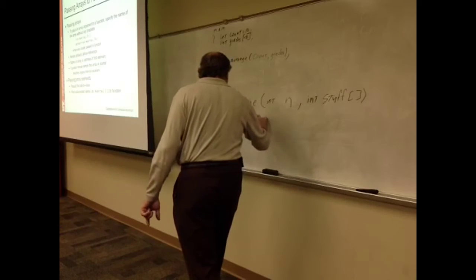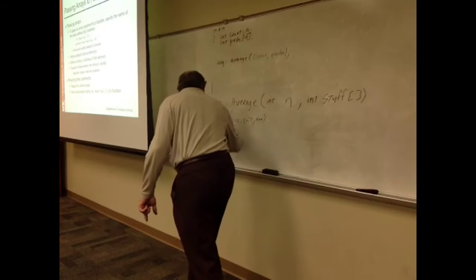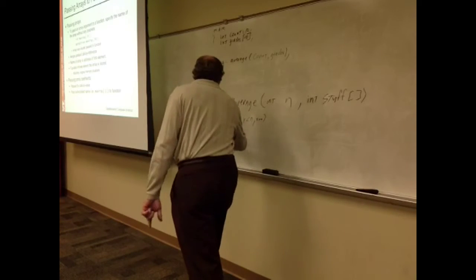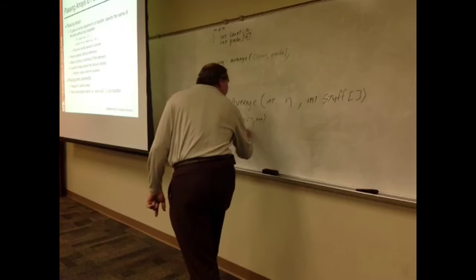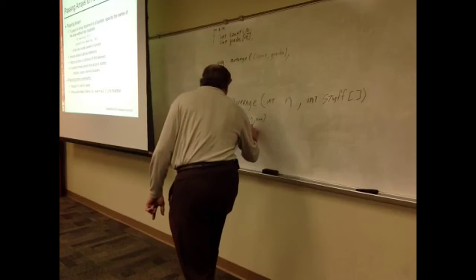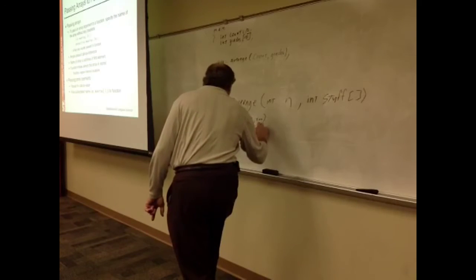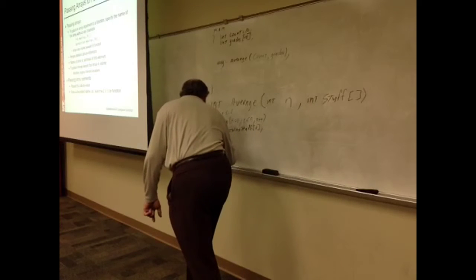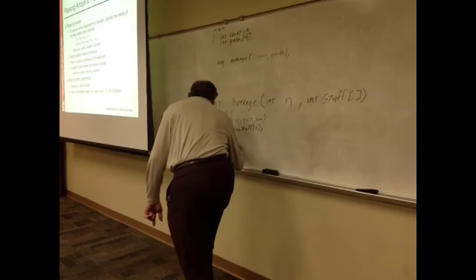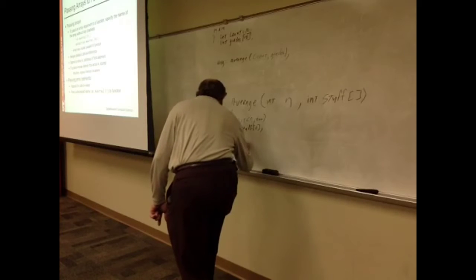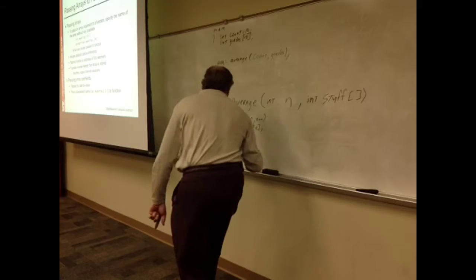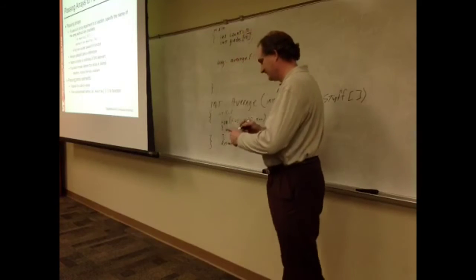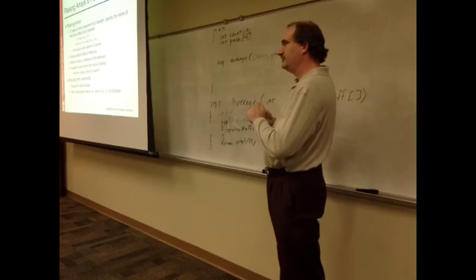Remember what's going to happen there. x plus plus, and we do total plus equals stuff sub x. Then return total divided by count. There, that's what it would do to average.